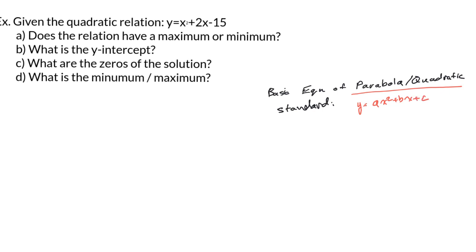The type of calculations that we have allow us to look at these equations and say whether our equations are opening up or down without having to graph them. So for example, if I have the following for my equation, for my parabola or quadratic, let's say I have y is equal to x squared plus 2x minus 15.